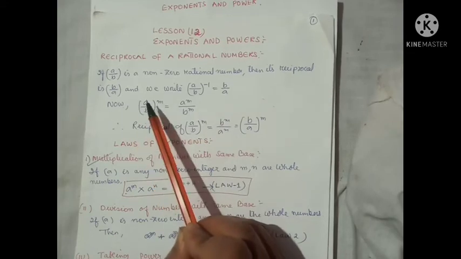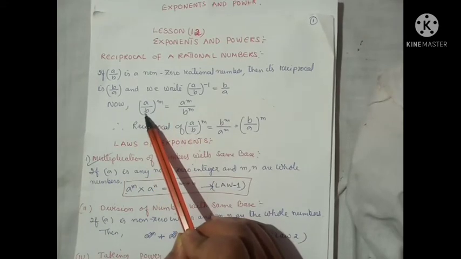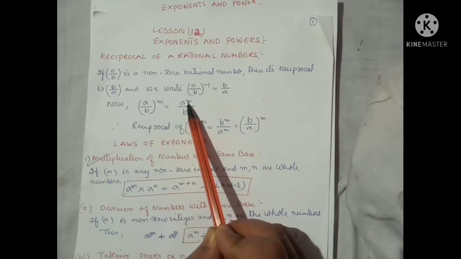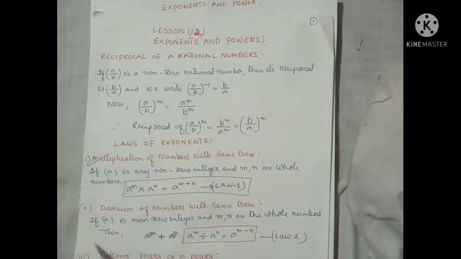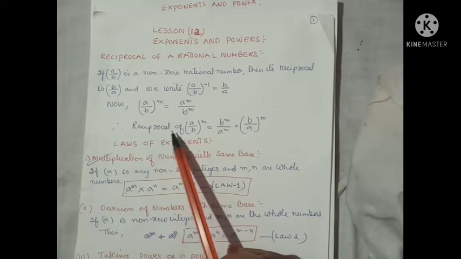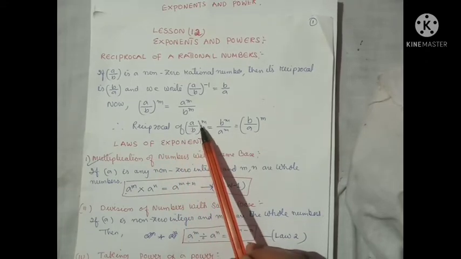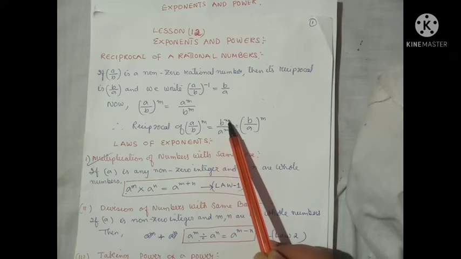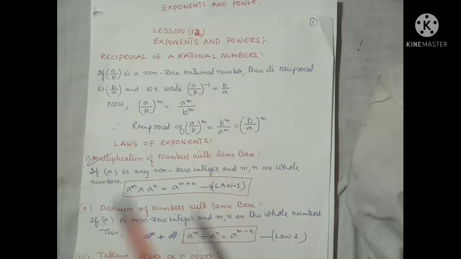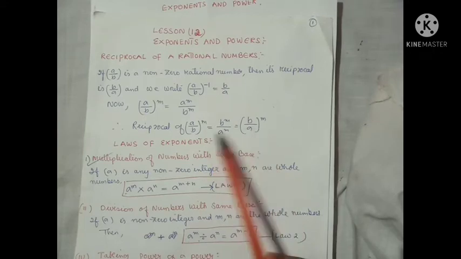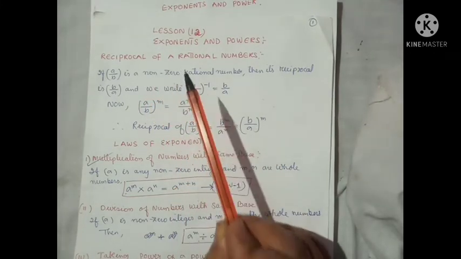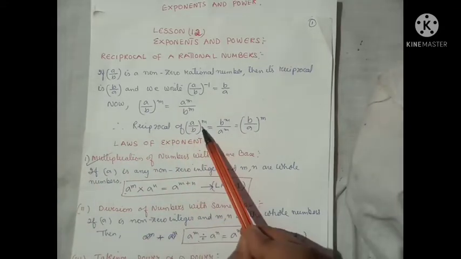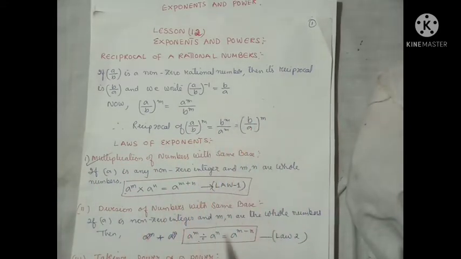Now (a by b) to the power m is equal to a to the power m by b to the power m. The reciprocal of (a by b) to the power m is equal to b to the power m divided by a to the power m. These are the reciprocals of the rational numbers.